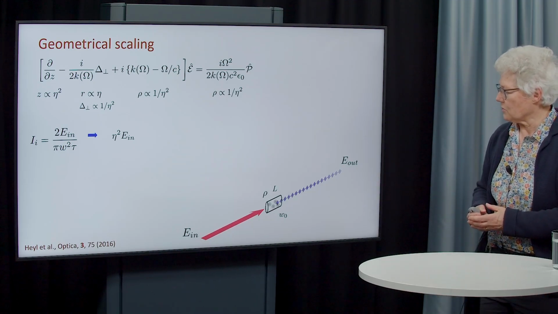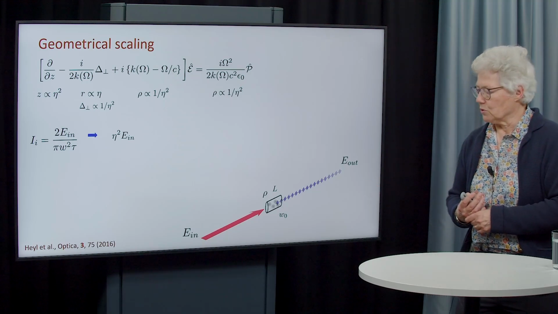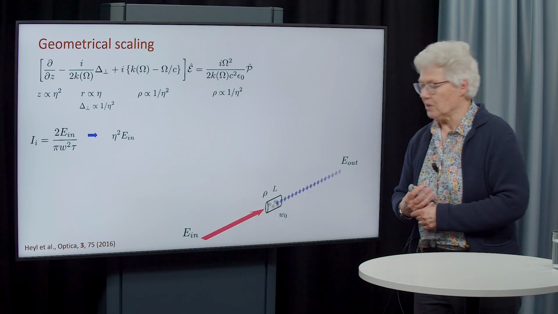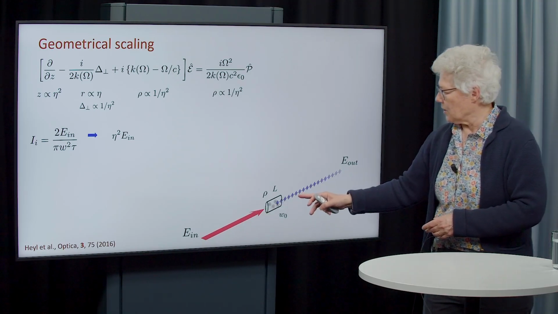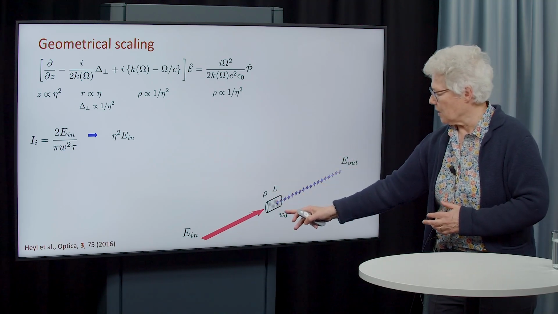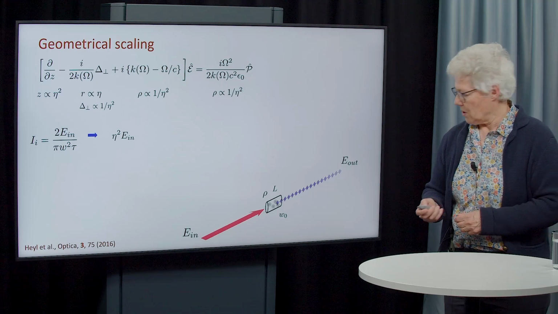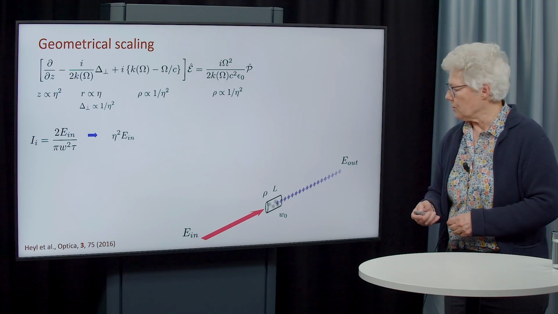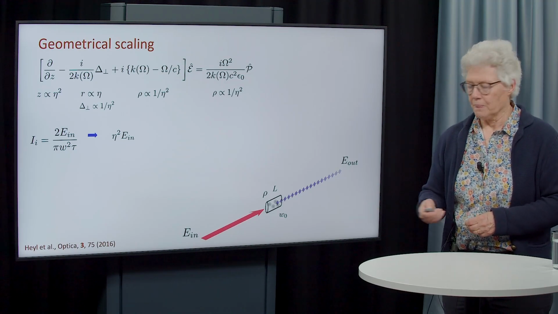Let's consider a certain harmonic generation process with an input energy E in and a certain density rho, length of the medium L, and a focus with a radius W0.